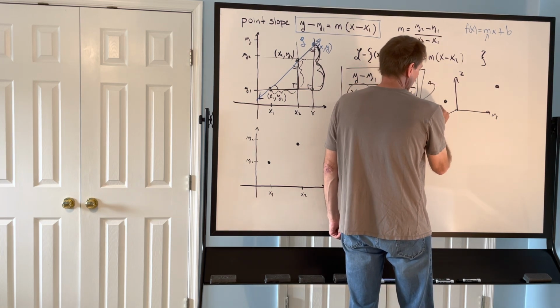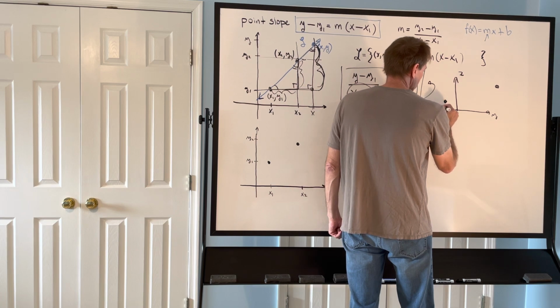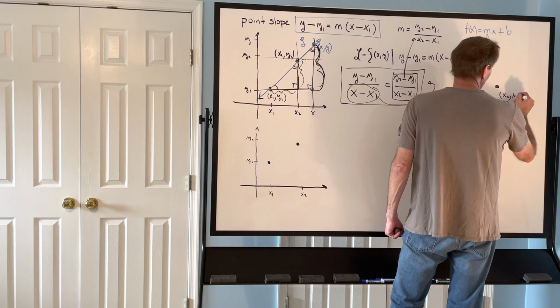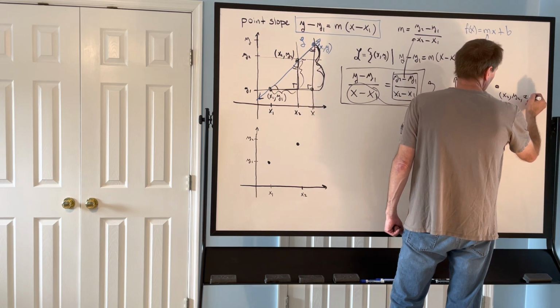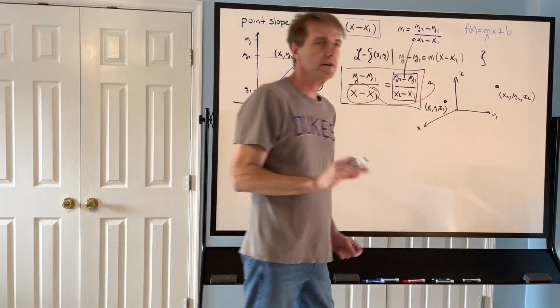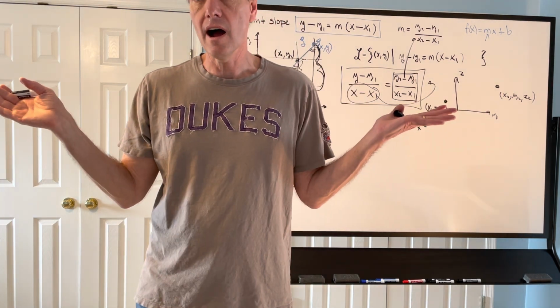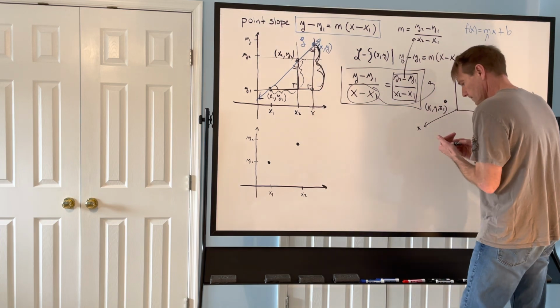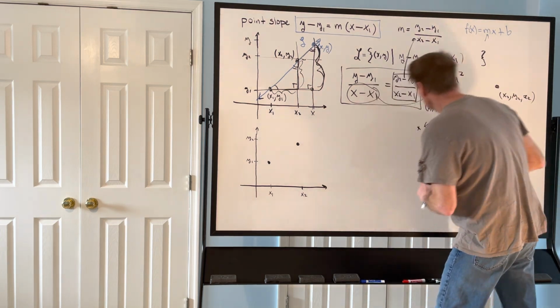Now this is going to be an x1, y1, z1. This is going to be an x2, y2, z2. And again, in three-dimensional space, we're going to have a unique line between these. I guess I'll draw in blue.